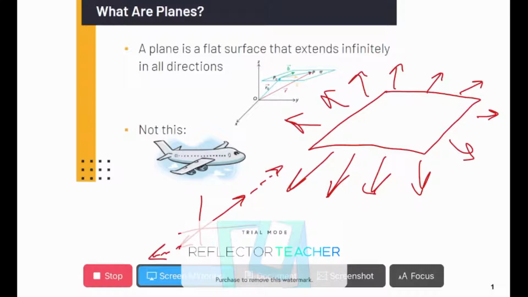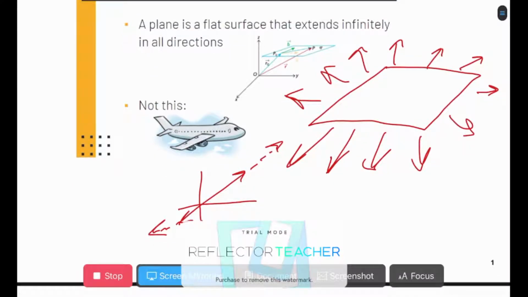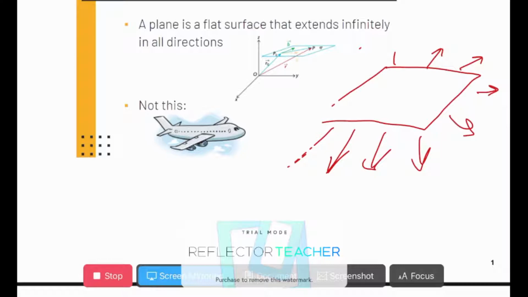We just don't show that because it's not really possible. So we just have a brief representation, and we just have the implicit understanding that it goes farther. We are not talking about the airplane kind of plane, so this is not what we'll be talking about in this lesson.